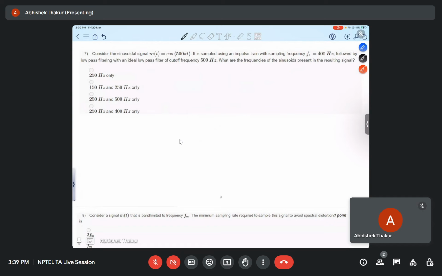So for this question, m(t) is given as cos of 500 pi t. Okay. So what will be the spectrum of this signal? M(f) is equal to half of delta(f minus 250 Hertz) plus delta(f plus 250 Hertz).